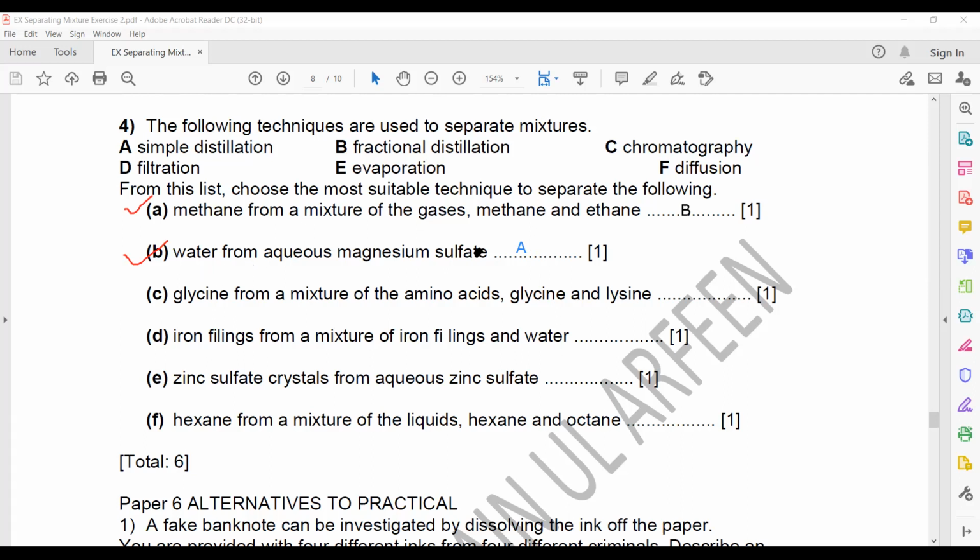Because we need water from the salt solution, we use simple distillation. Glycine from a mixture of amino acids. Amino acids are there. So which technique is suitable? C, that's right, good. Iron filings from a mixture of iron filings and water.